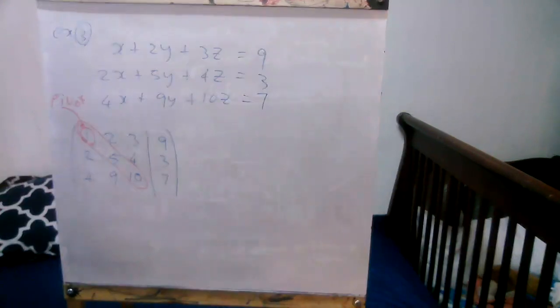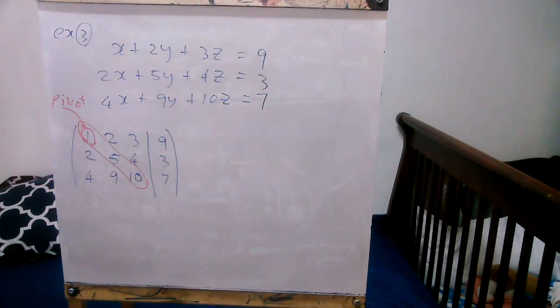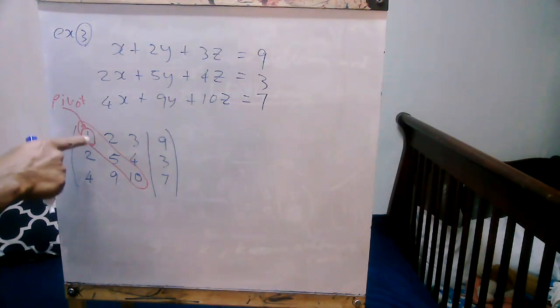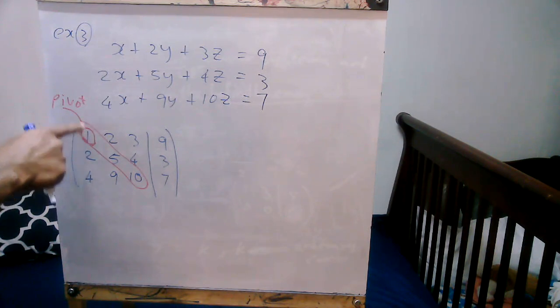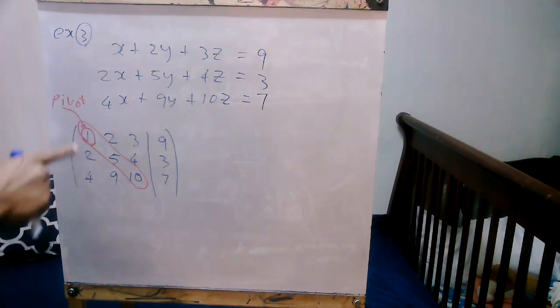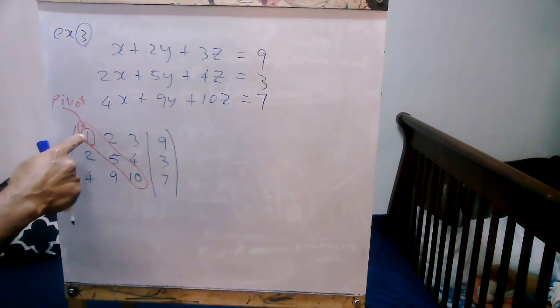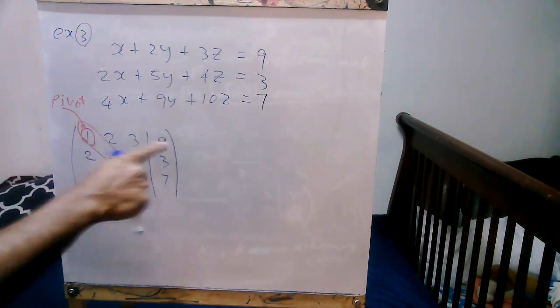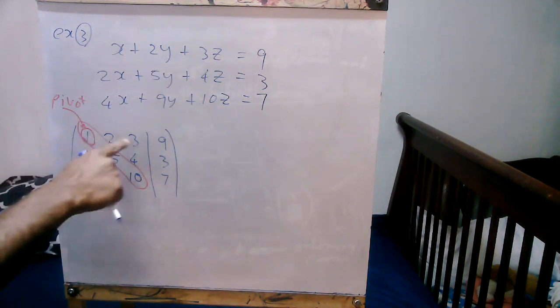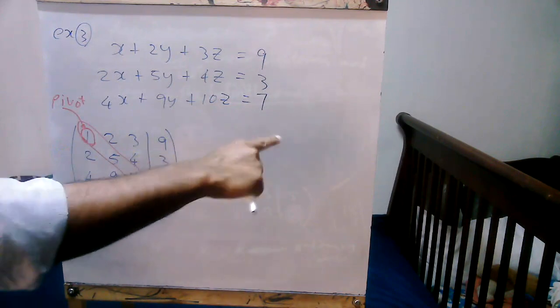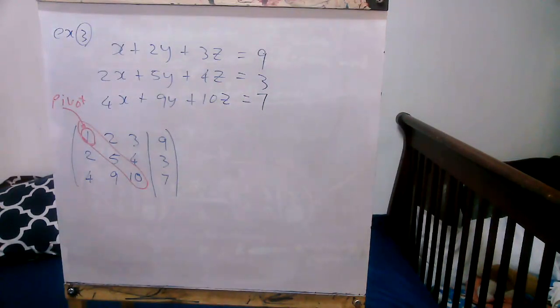Right, that's the pivot. If it was not 1, we know we have to divide by that same number. For instance, if this was 3, then we say row 3 divided by 3, so we divide the entire row by 3 and we get the next matrix.